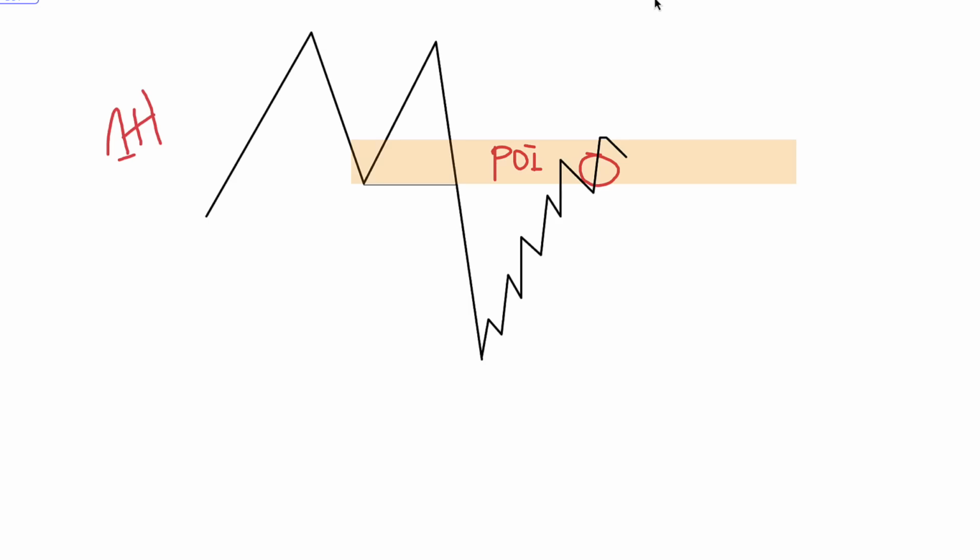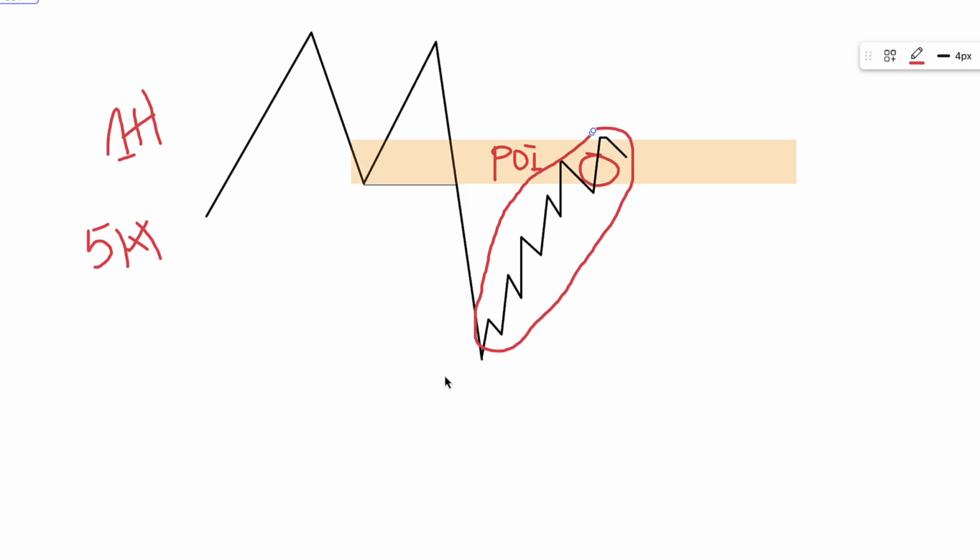What I normally do is that as price is coming, it will start a new uptrend for this time frame. This is the 5-minute time frame, assuming the retracement is coming.